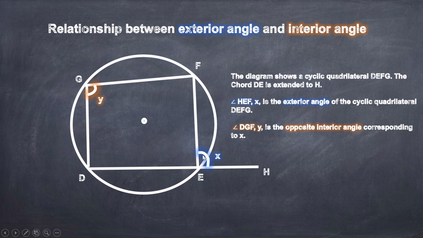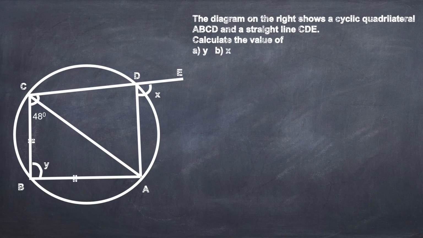Okay, next. As you can see from this figure, the diagram on the right shows a cyclic quadrilateral ABCD and a straight line CDE. So calculate the value of y and the value of x.